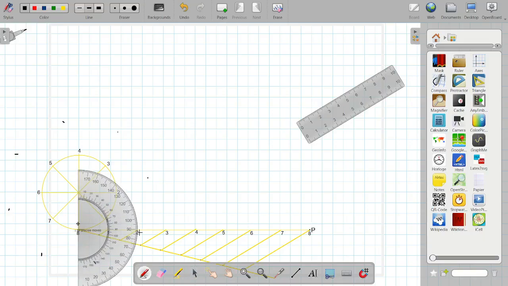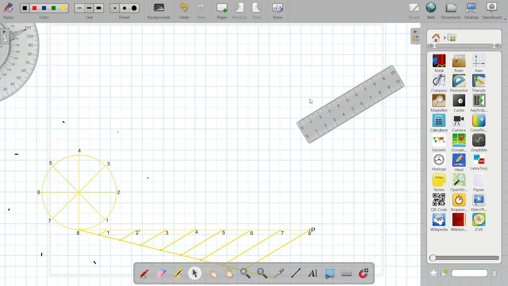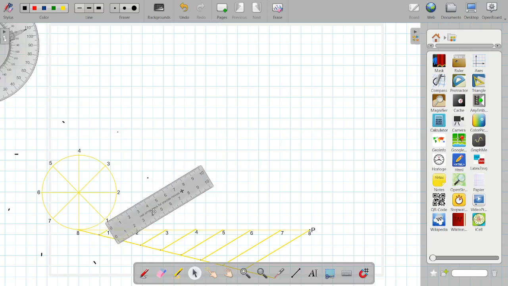It will be nothing but this line only. So after marking 90 degrees, I will just join now or make all the tangents.